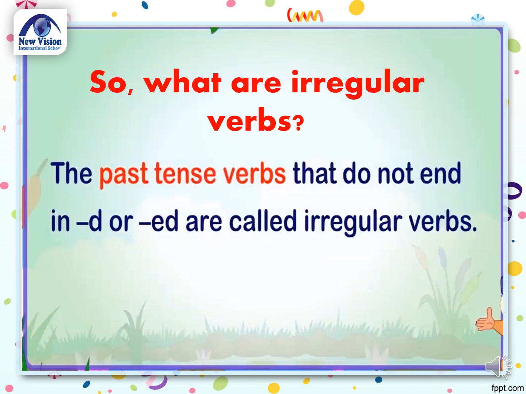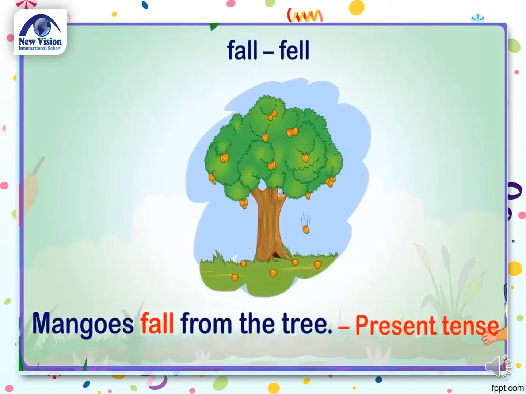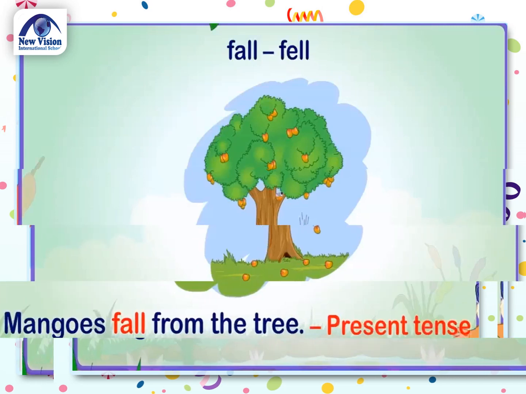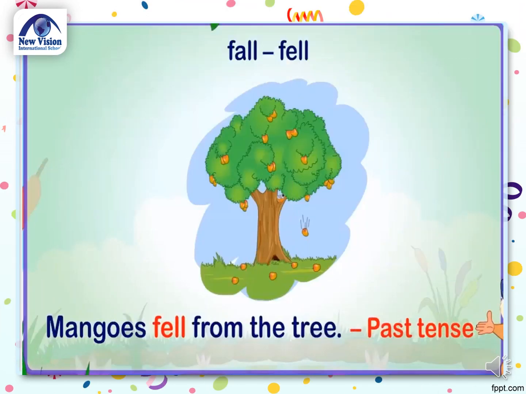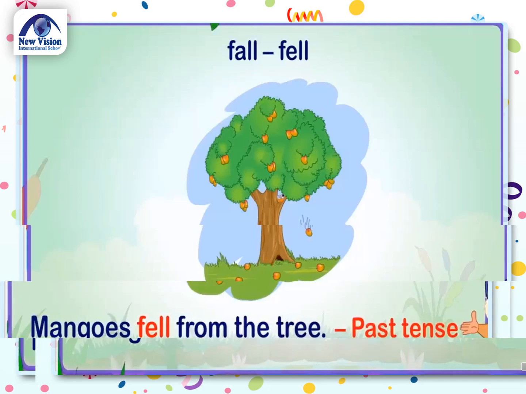Are called irregular verbs. The verb fall. In the past tense, we don't add d or ed to the verb fall to become falled. We change spelling. It will be fell. Fall, fell. This is called an irregular verb. So let's have a sentence here. Mangoes fall from the tree. This is present tense. Mangoes fell from the tree. This is past tense.